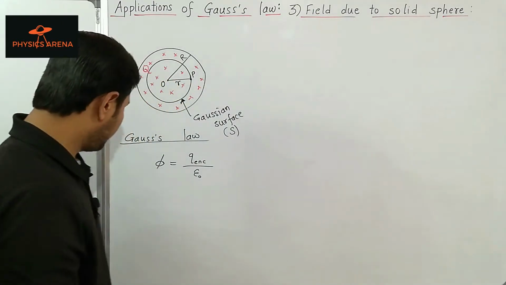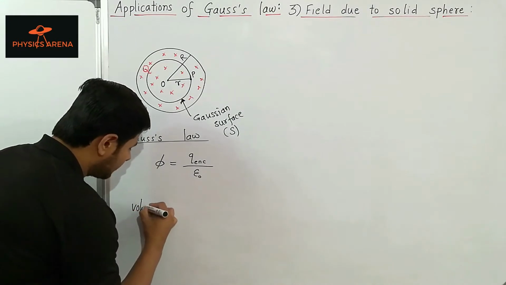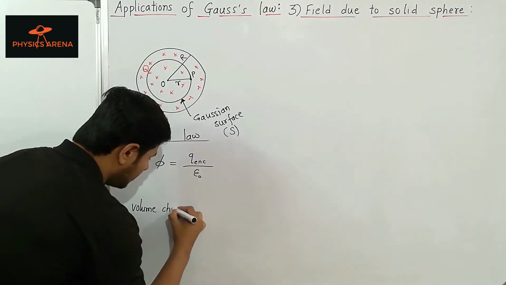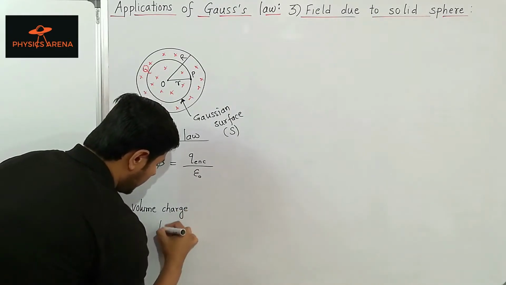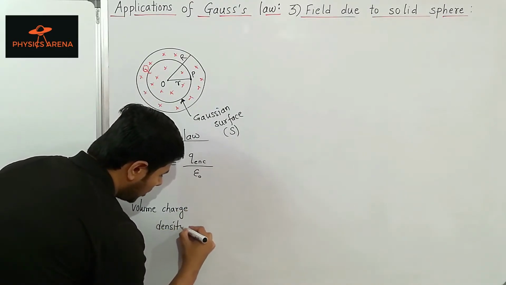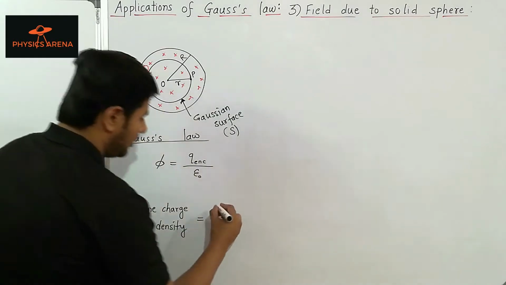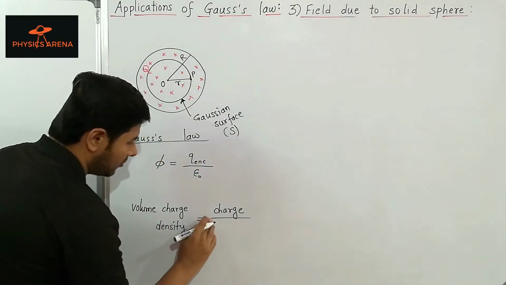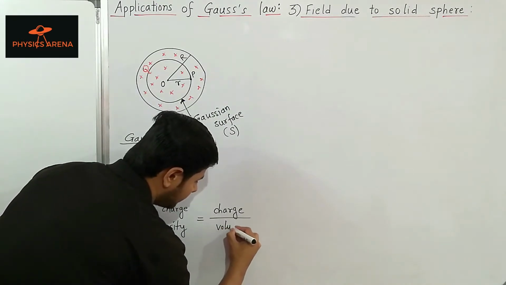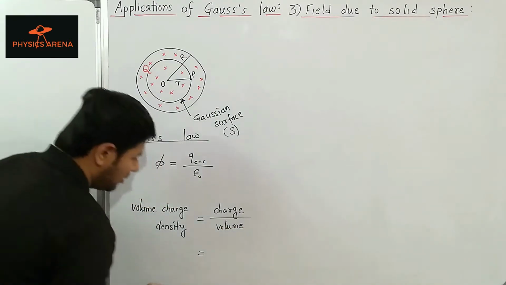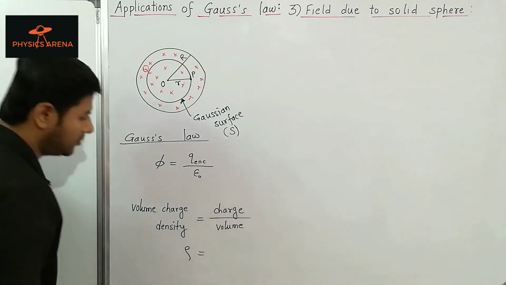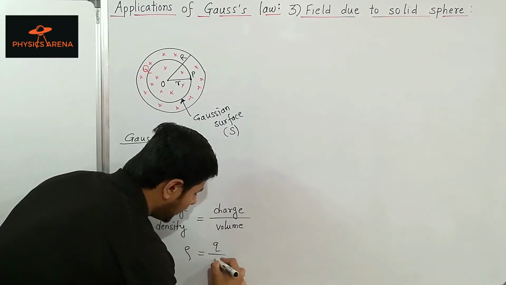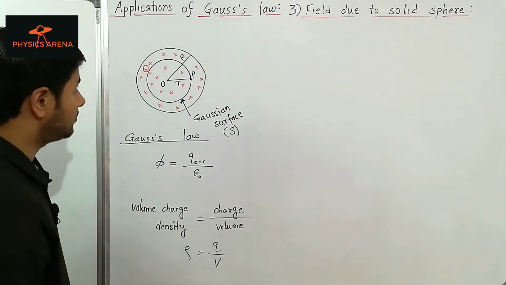So there is this volume charge density which is constant, and we know that the volume charge density is charge divided by the volume containing that charge. We'll denote volume charge density by rho. Q is any charge in volume V.